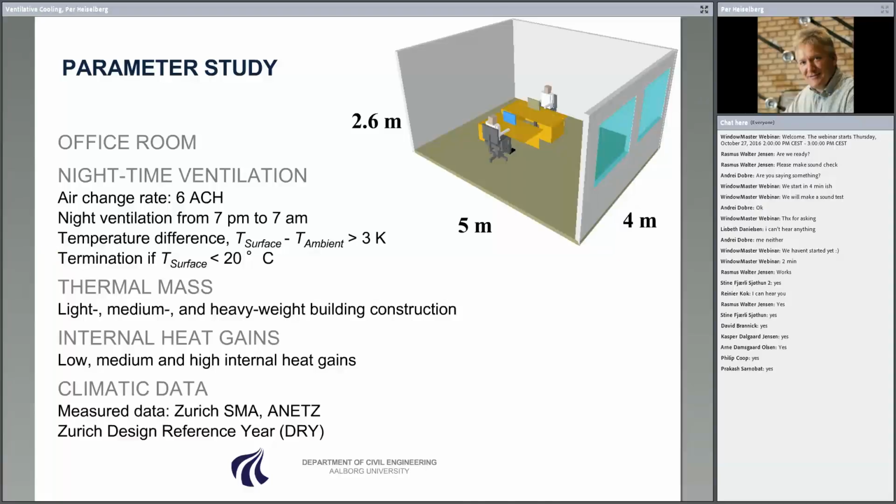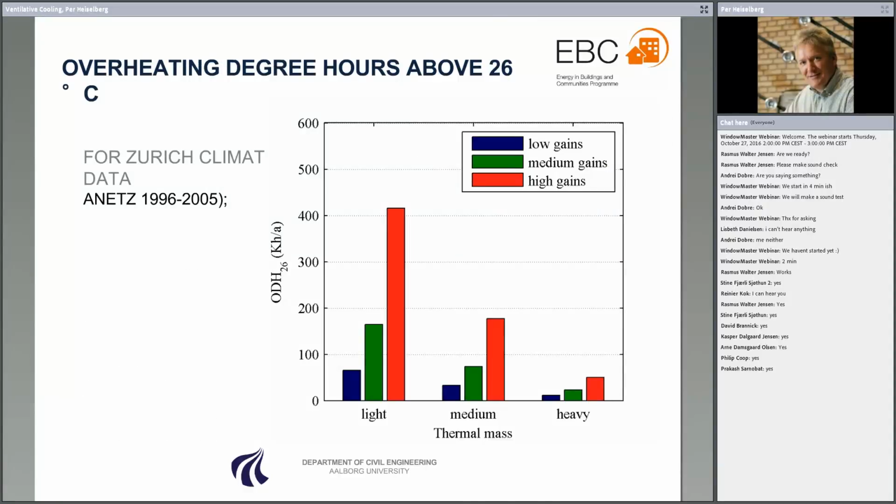So here are the results, and the conclusion here is that if night ventilation should be efficient, it actually requires that you have enough thermal mass in the building to store the daytime excess heat, to be able to release it during nighttime.